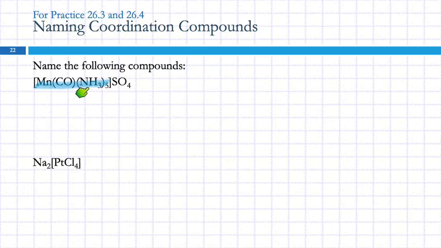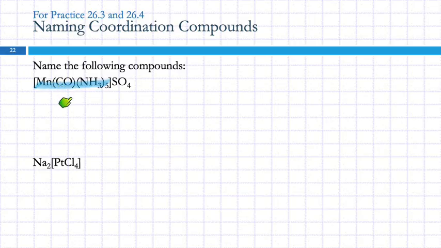So what's NH3 called? Amine? It is ammonia, but as a ligand it's given the name amine. And CO is carbon monoxide, and that's called carbonyl.